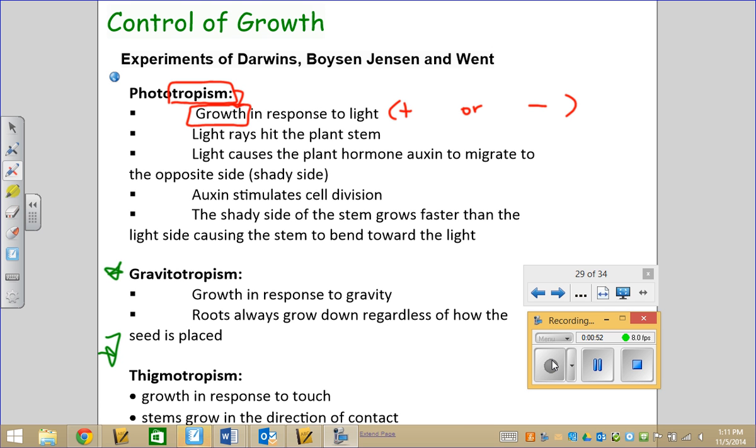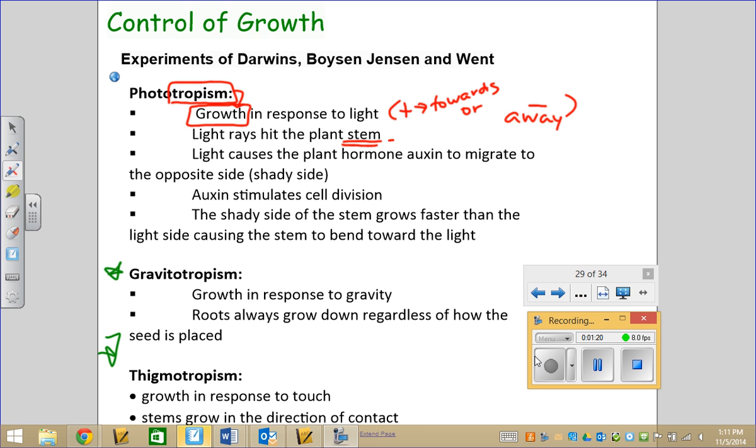And you'll see that there's a question that asks you about that in the review questions. Positive means that you grow towards the light. Negative means something grows away from the light. And what we'll see is that when we talk about phototropism, we're always talking about the stem of the plant.